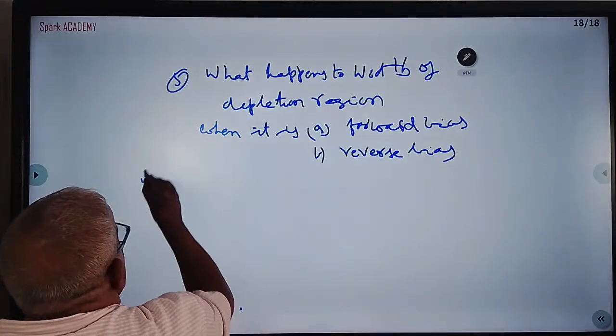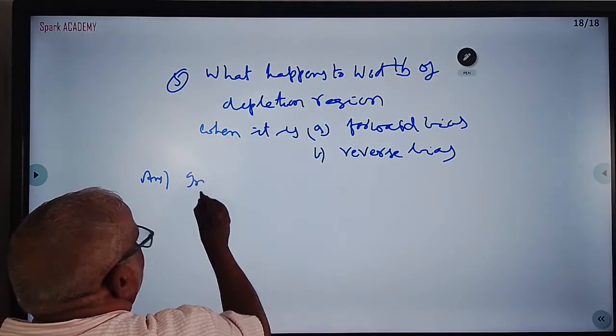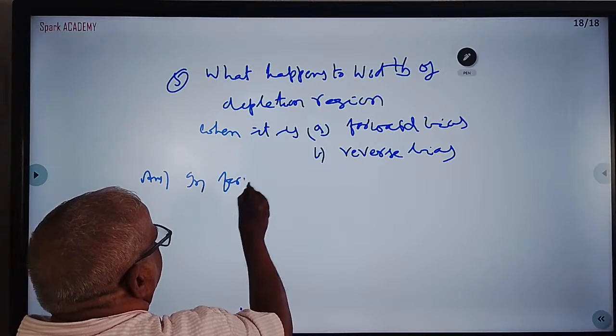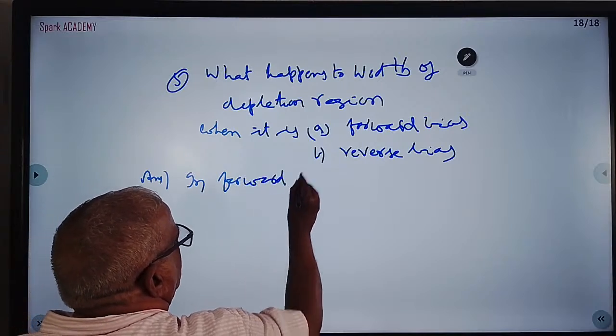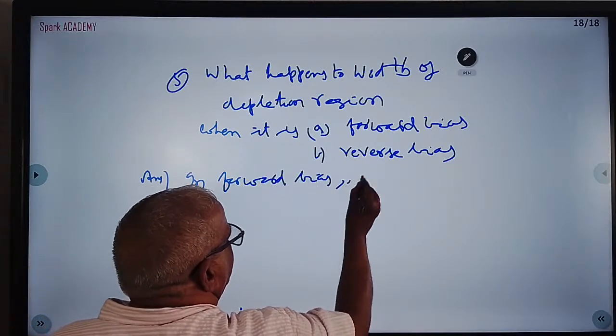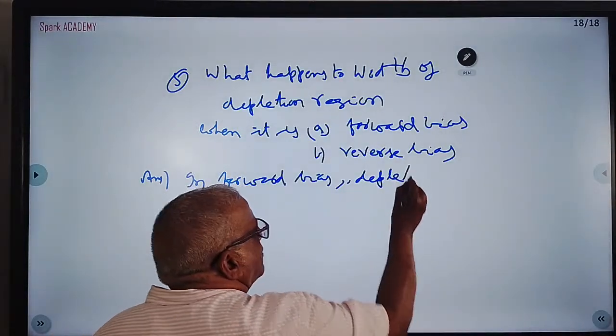So the answer: in forward bias, the depletion region width decreases.